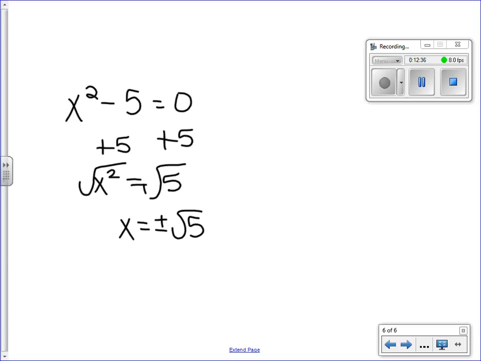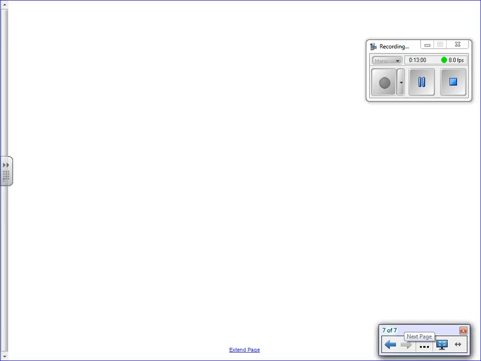Any questions about domain? No? Okay. These things in the domain that x can't be turn into discontinuities in the graph, okay?